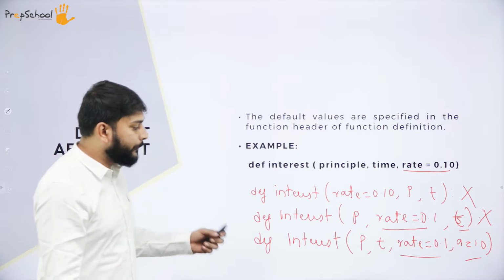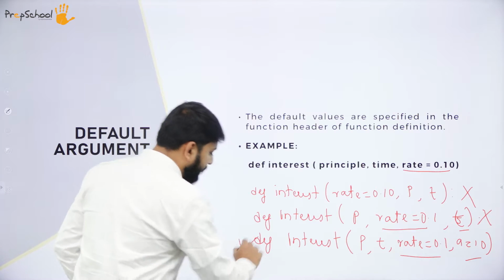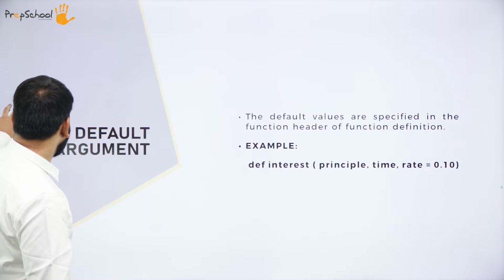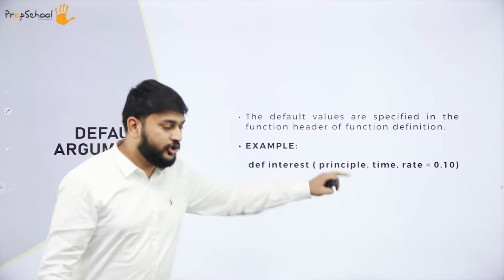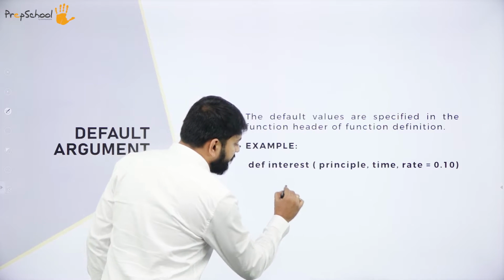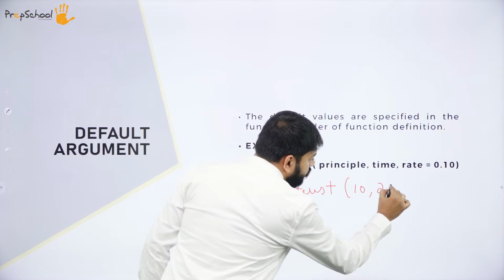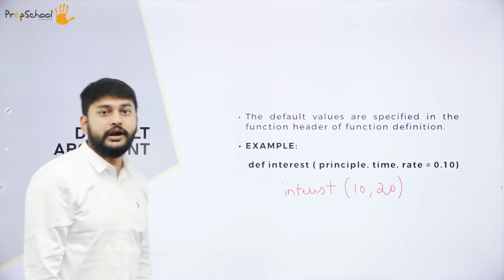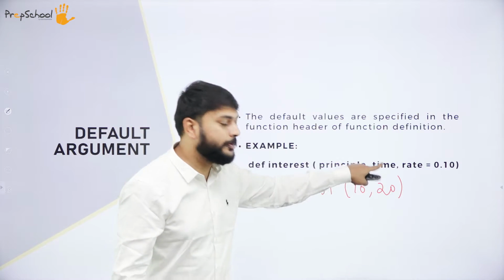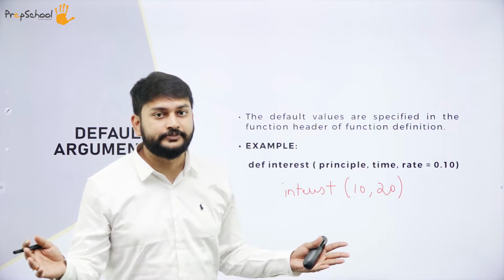Whenever I'm passing the value, I have to call my function something like this, interest(10, 20). What will happen? It will call this function, the 10 will be passed to the principal, and 20 will be passed to the time. So the default value of rate will be as it is.